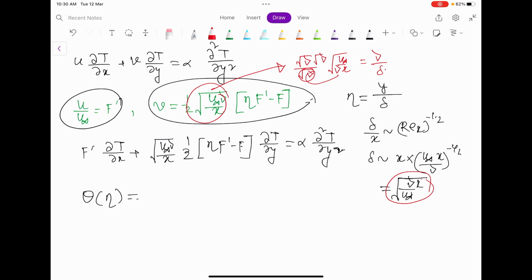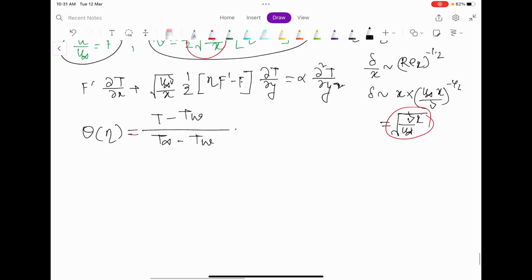Now theta of eta is equal to T minus T wall over T infinity minus T wall. I have defined it like this, but you can always define it by any other means. You just have to arrive at the solution.